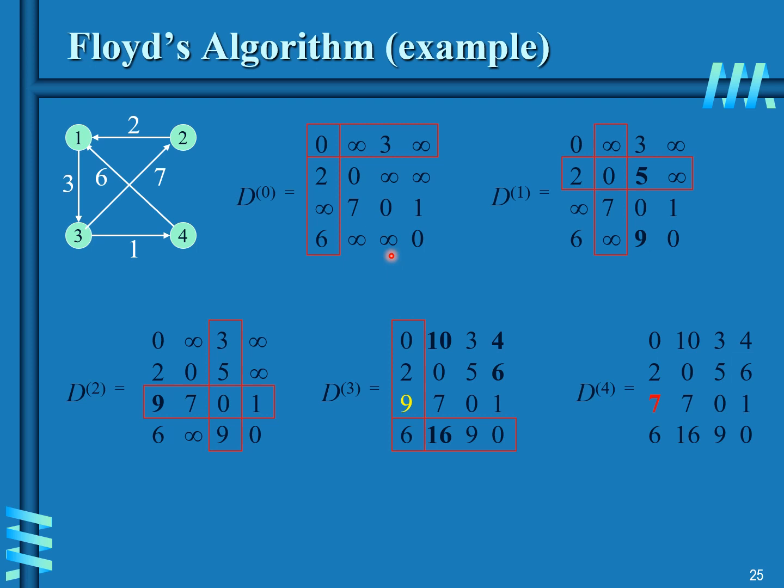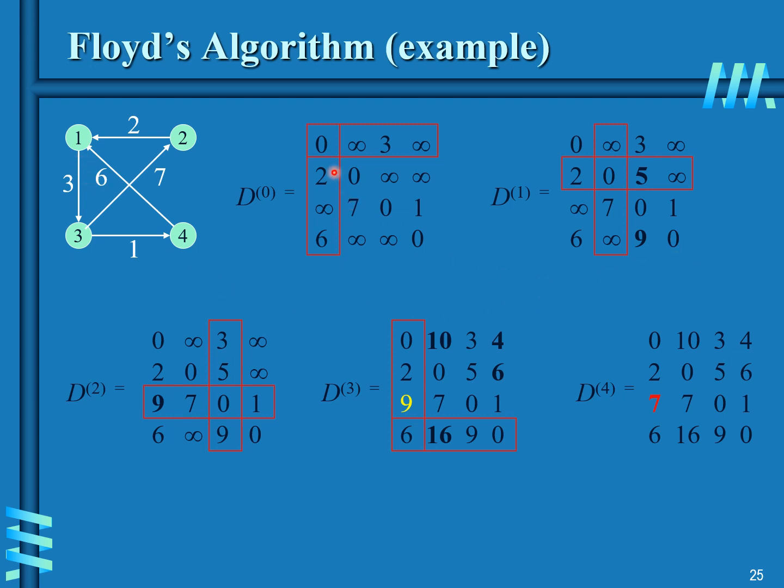When you come to this column, the corresponding boxed column value is 3 and the row value is 6. When you add these, 6 plus 3 is 9, and 0 stays as such. This means vertex 4 to 3: when using only one intermediate vertex, 6 plus 3 is 9, by using 1 as an intermediate vertex.